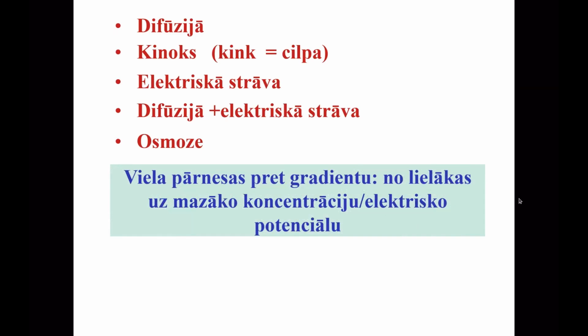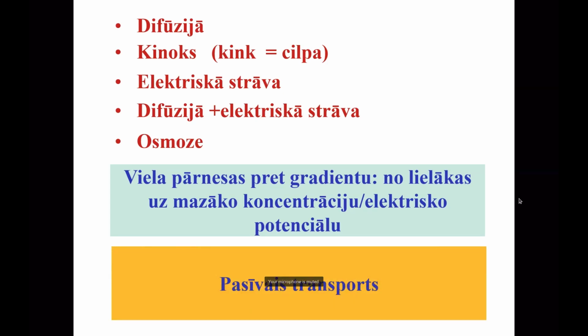The driving force is a gradient of concentration, from the higher concentration to the lower concentration, or from the higher electrical potential to the lower electrical potential. So this transportation is named passive transport because we don't need any engine for this.